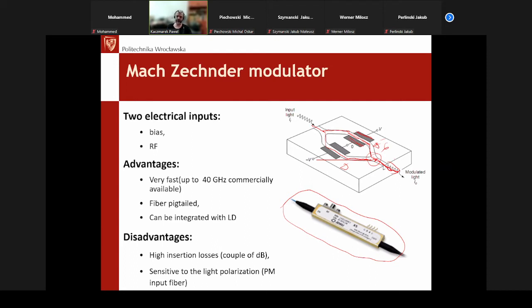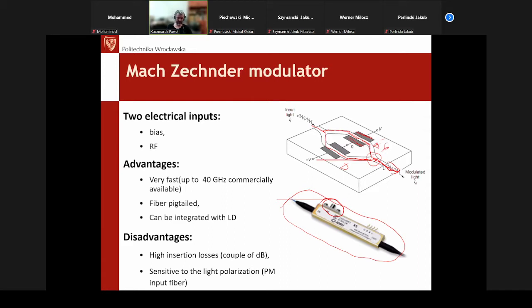Typically, of course, there are two electrical inputs: a bias to set the operating point, and an RF input. For this modulator, you can see a special connector. This is SMA, if I can see it clearly here. The SMA connector is for higher frequency signals, of course.